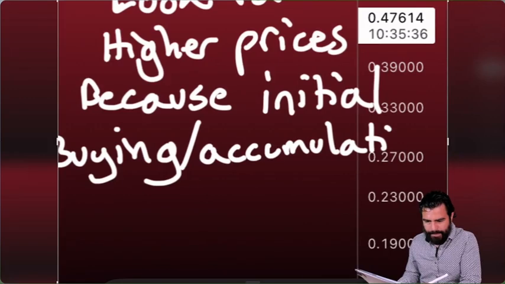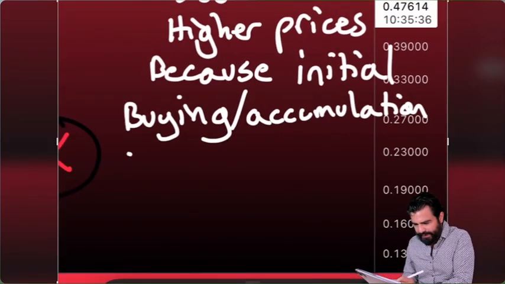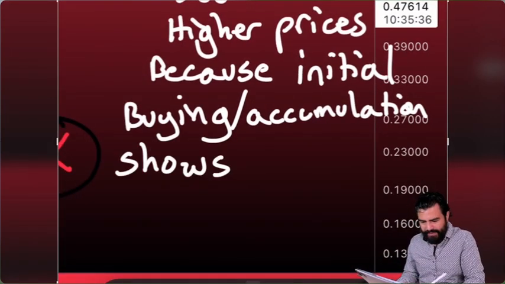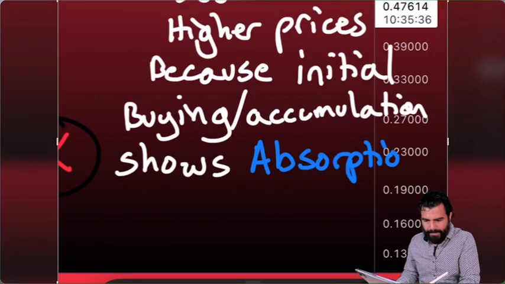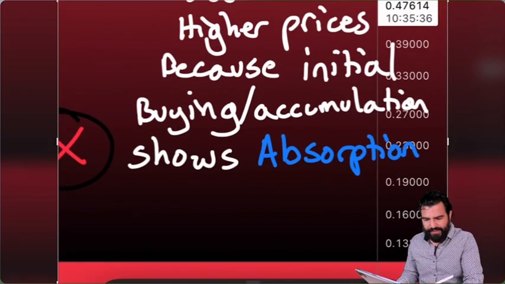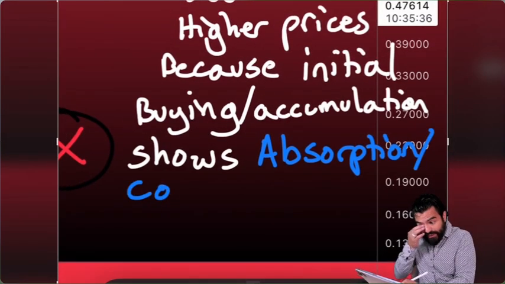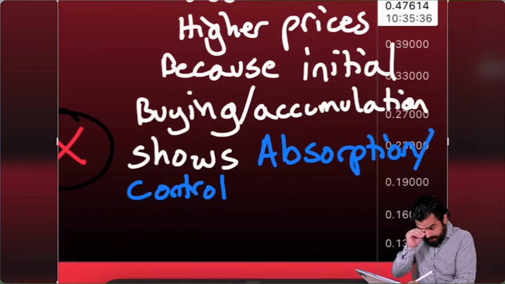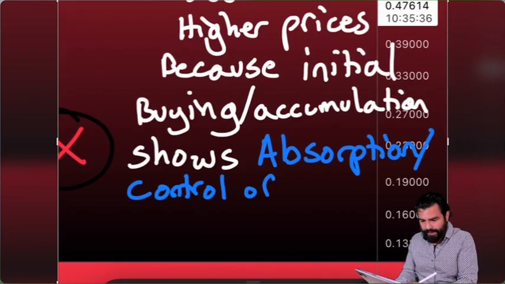Accumulation shows, and this is the keyword, absorption of supply, and I'm going to put the word control so you guys understand control of supply.